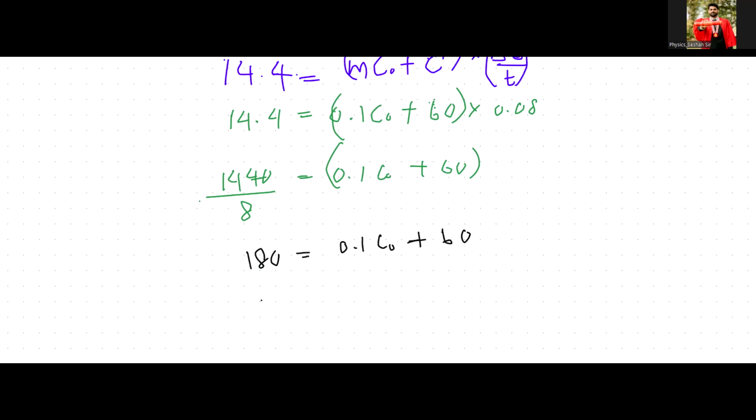That means C naught is 1200 joules per kilogram per Kelvin. This is what we have. C naught is the specific heat capacity of the wax when it is in liquid form. Then what do they ask you to calculate?